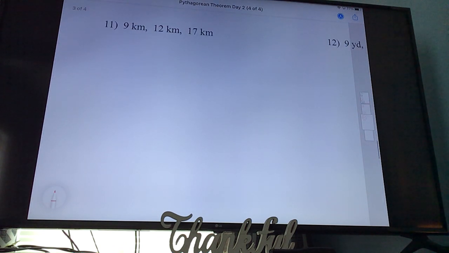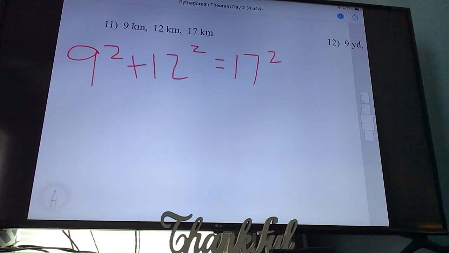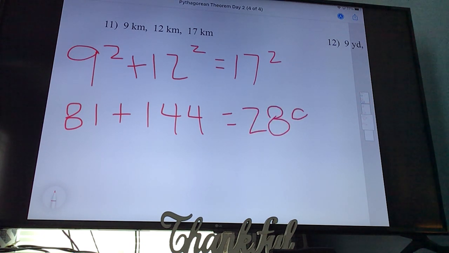Okay, let's look at 11. I got three sides, 9, 12, and 17. What's going to be our c? Yeah, 17. So I got 9 squared plus 12 squared equals 17 squared. Well, 9 squared is 81. 12 squared is 144. 17 squared is 289.